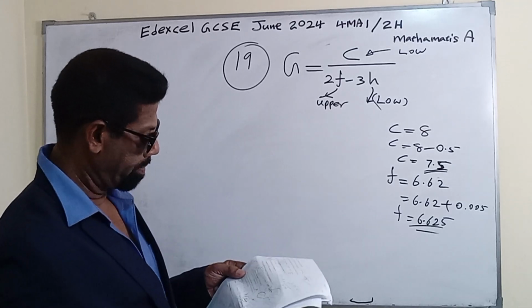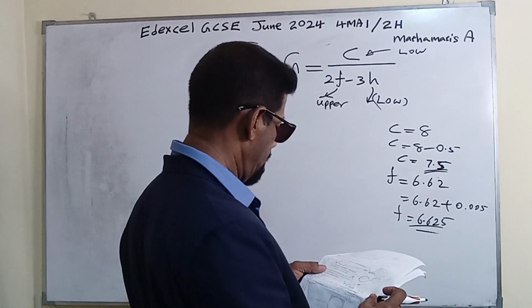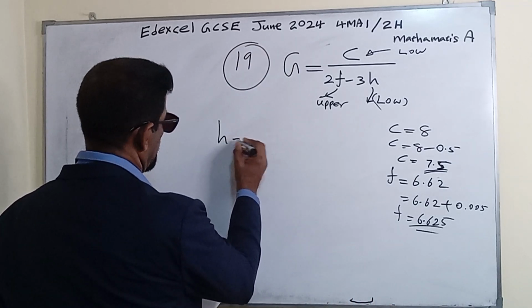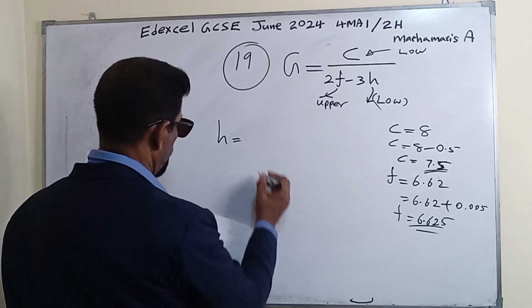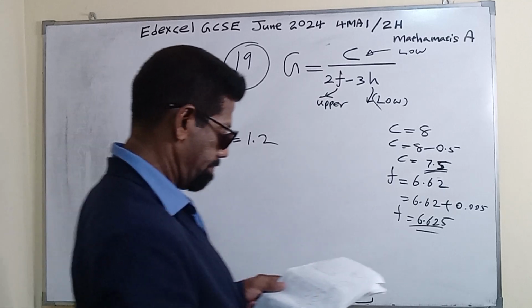Then for H you take the lower bound. H gave 1.2, 1 decimal place.